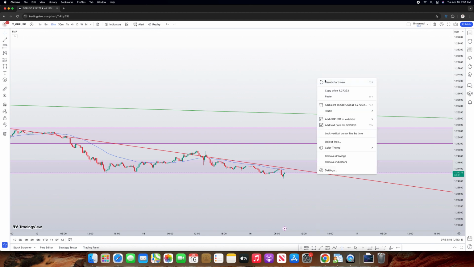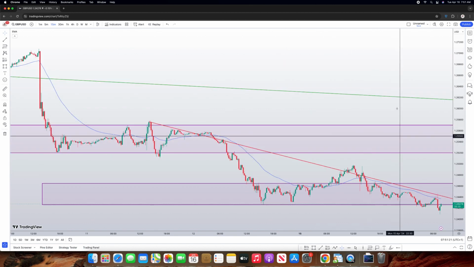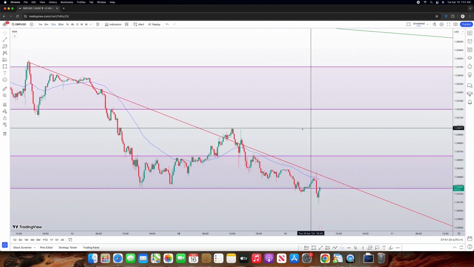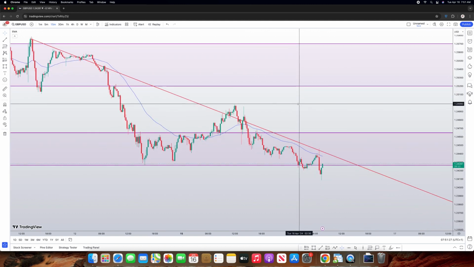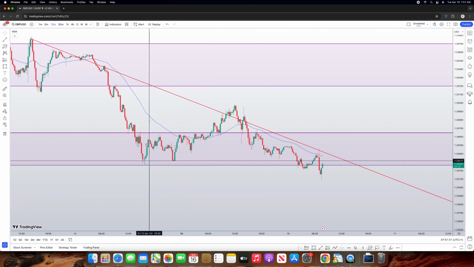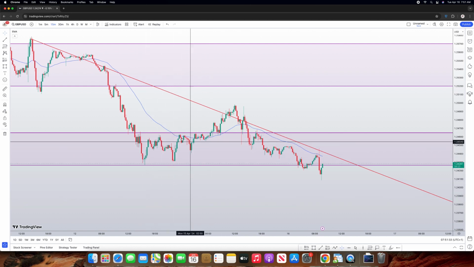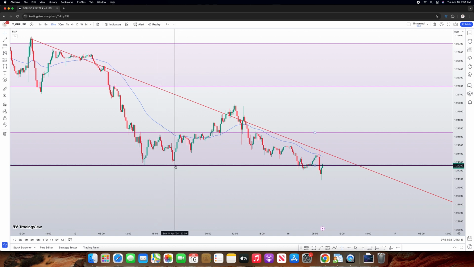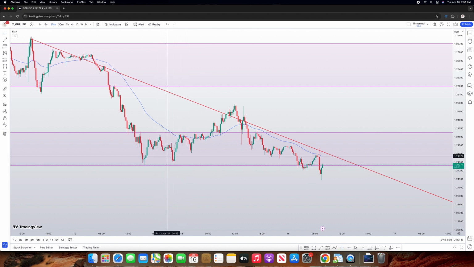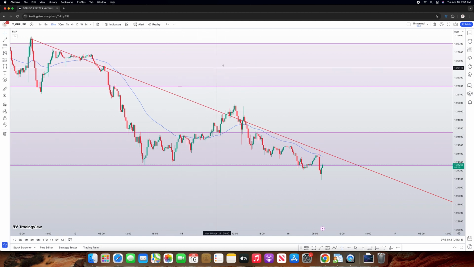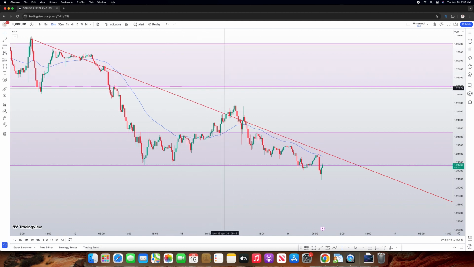So this is the 15 minutes time frame. This is the level where I was supposed to sell GBP USD yesterday. I did this analysis, and I was telling you guys that if you take out this low, I might look for a sell. I also told you it might still go up to test this resistance, which it didn't.